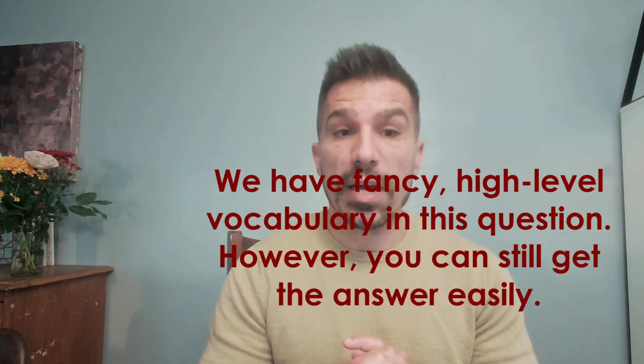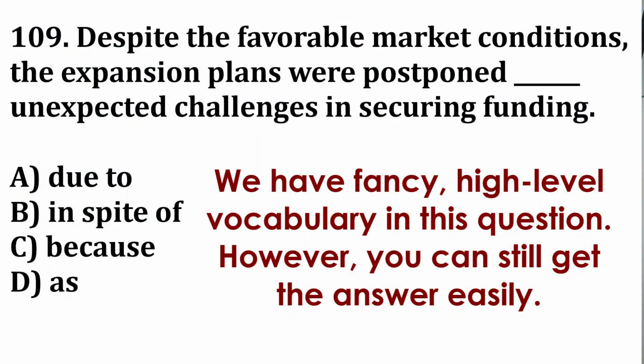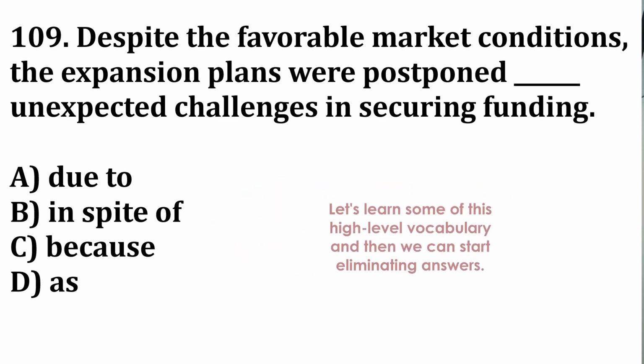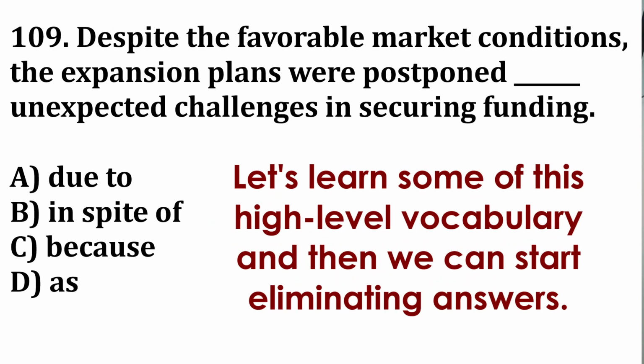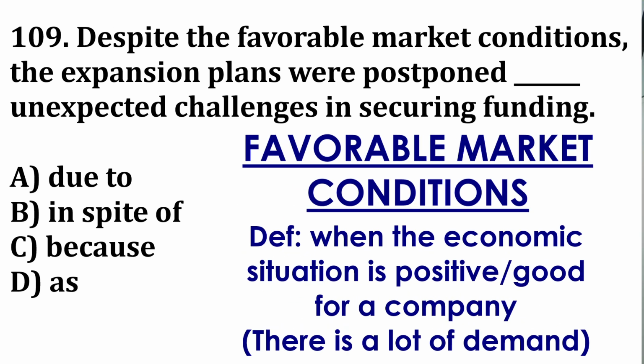Let's look at one more question. Now, this has fancy, high level vocabulary, but don't be scared because the answer is actually quite clear. However, let's look at some of this key vocabulary. The first is favorable market conditions. This is a situation where a company can grow because of the economic and customer situation.